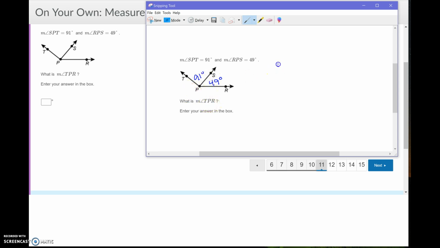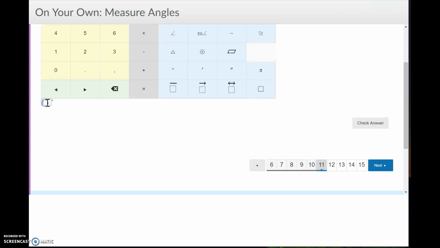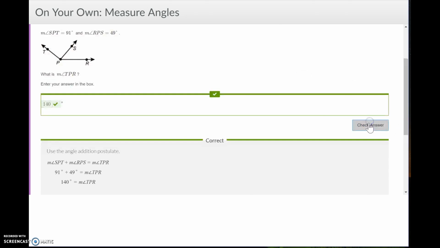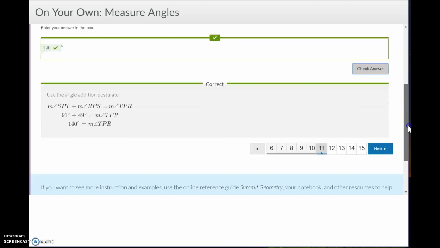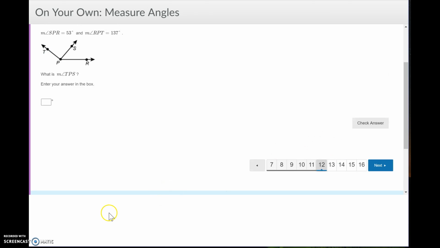So that means we're going to add these together. So 91 plus 49 gives us 140. Let's put that in, see if we're right. Great. Let's try some more.